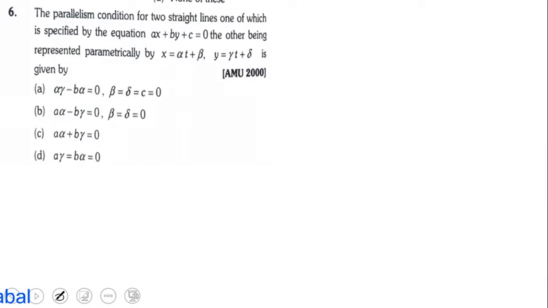Example number 6. The question is: the parallelism condition for two straight lines, one of which is specified by the equation ax plus by plus c equal to 0, the other being represented parametrically by x equal to alpha t plus beta, y equal to gamma t plus delta, is given by which of the following? We have to calculate here.